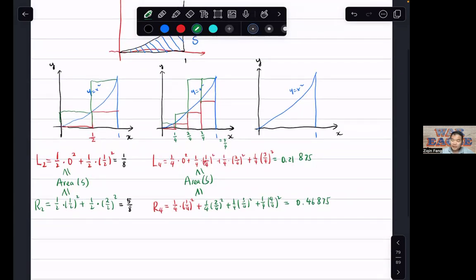In a similar manner, you can try to get a better and better approximation. In the next step, you can divide this into 8 stripes, right? So this is 0, 1/8, 2/8, 3/8, 4/8, 5/8, 6/8, 7/8 to get thinner stripes.